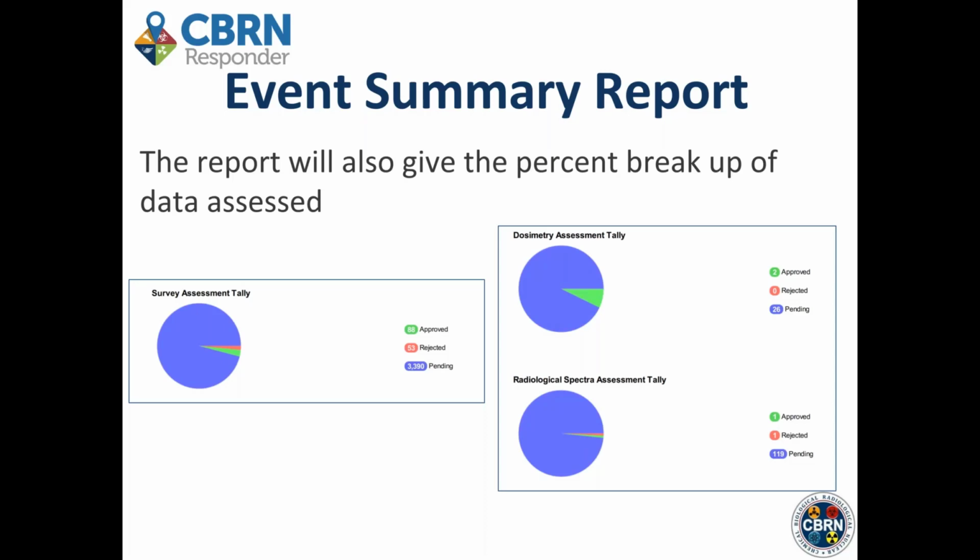And then you can see the dosimetry assessment tally as well as the spectra assessment tally. So just a really good visual aid, once the event is done, you'll be able to take a quick snapshot here and see all the different data types that were collected.